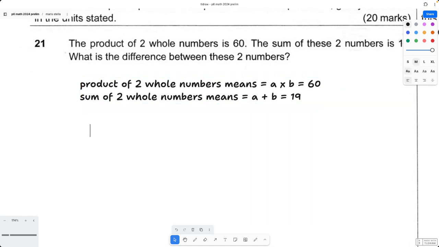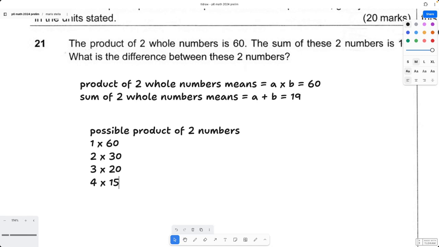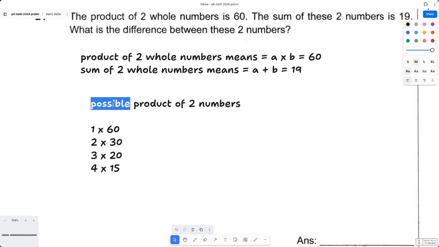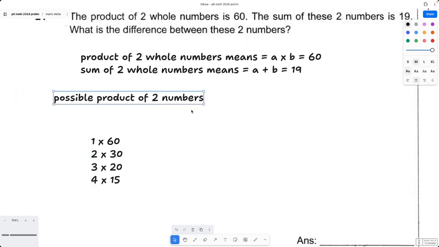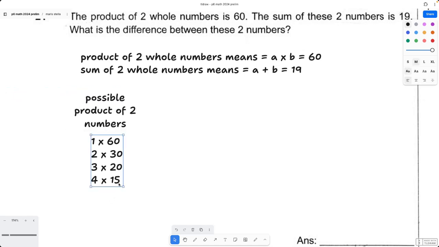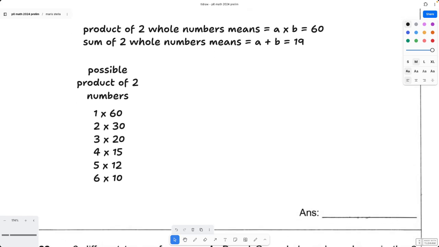All right, so from here, what are the possibilities? For 60, it can be 1 times 60. So the possible products of two numbers: 1 times 60, 2 times 30, 3 times 20, 4 times 15, 5 times 12, then 6 times 10, 7, 8 cannot, 9, 10.